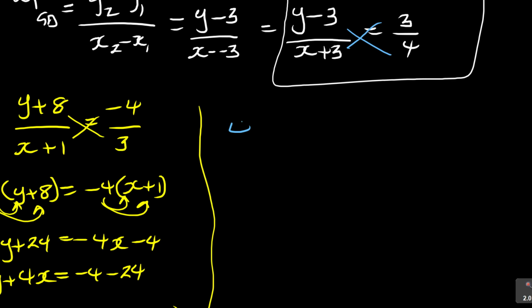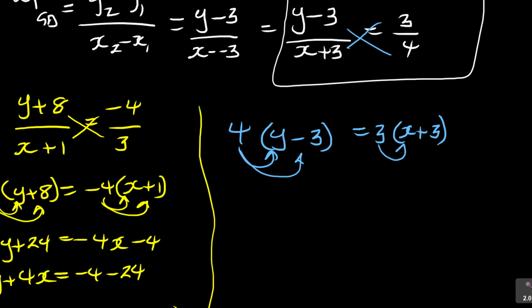4 times this, so you've got 4(y minus 3) is equal to 3(x plus 3). Are you seeing that? Then you open the bracket. 4 times y is 4y minus 4 times 3, 12, is equal to 3 times x, 3x plus 3 times 3 is 9.